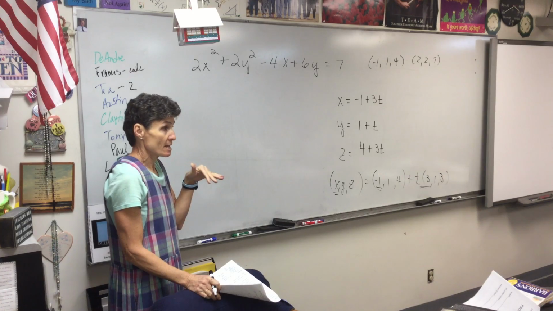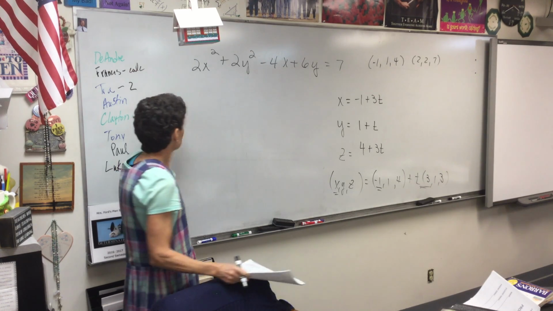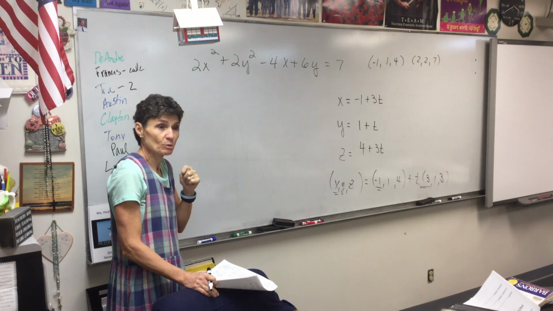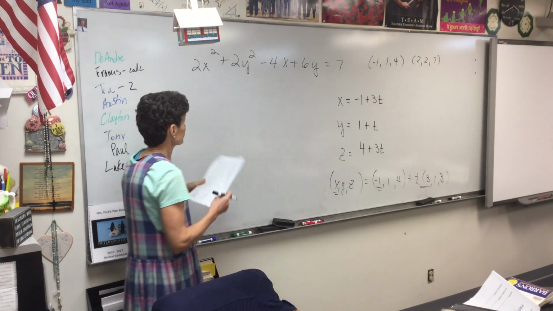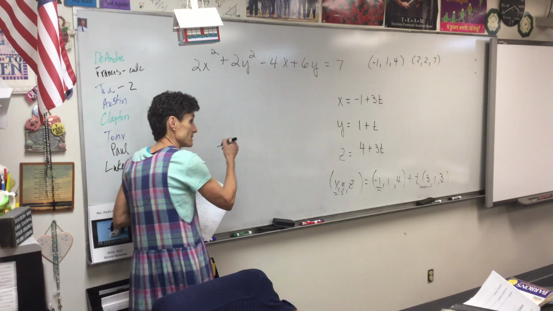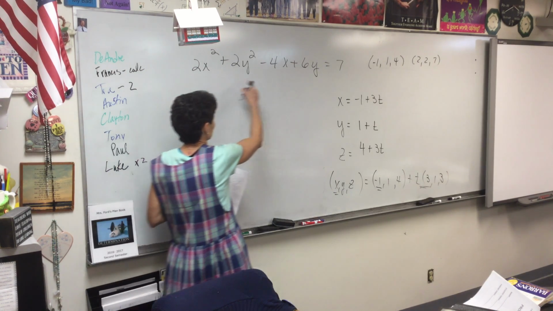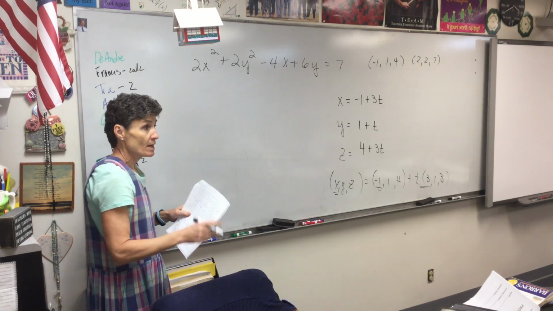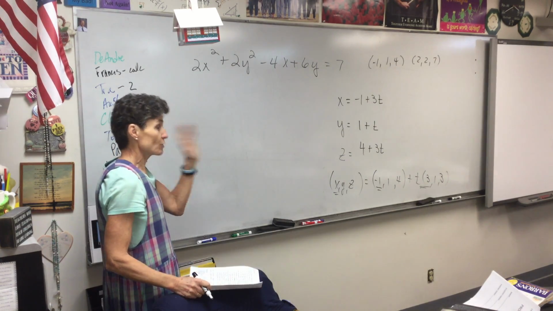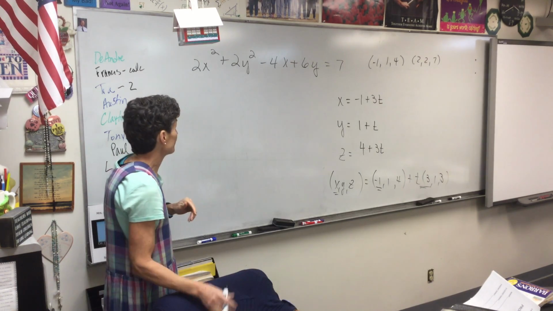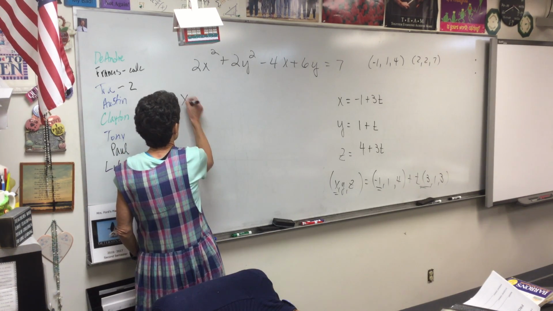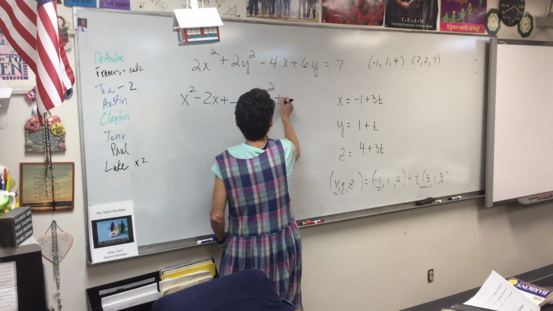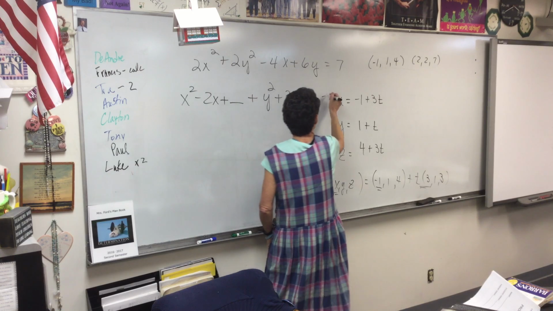Since it's the same 2, you can divide the whole shebang by 2 right off the bat, if that's what you want to do. You could also treat it like you do the ellipse and the hyperbola and factor it out of the x's and the y's. But if you do that, eventually you're going to have to divide it out. You're going to have to get rid of it in order to find your radius. So I'm just going to get rid of that 2 right now. You don't have to do this, but I am going to.